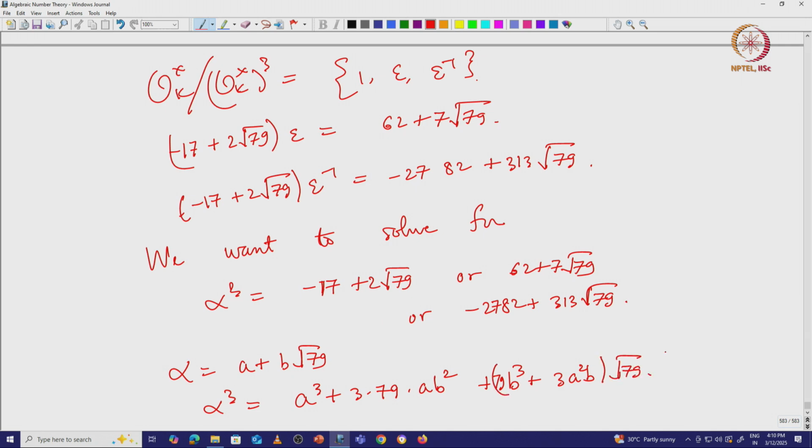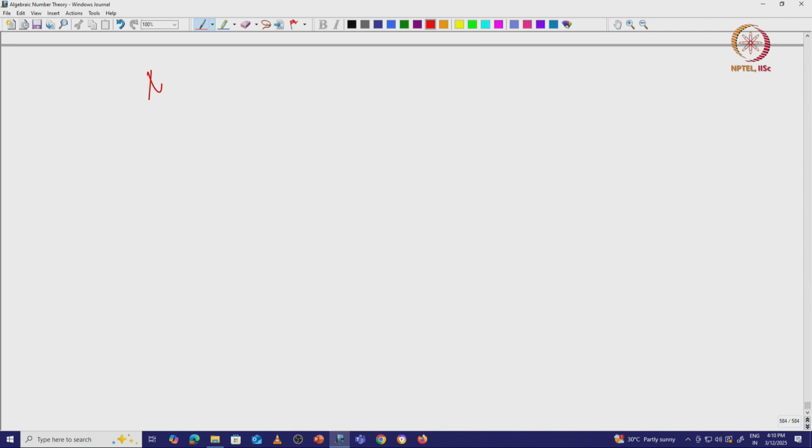Now you see that the norm of alpha is a squared minus 79 b squared. So, a and b are both non-zero.